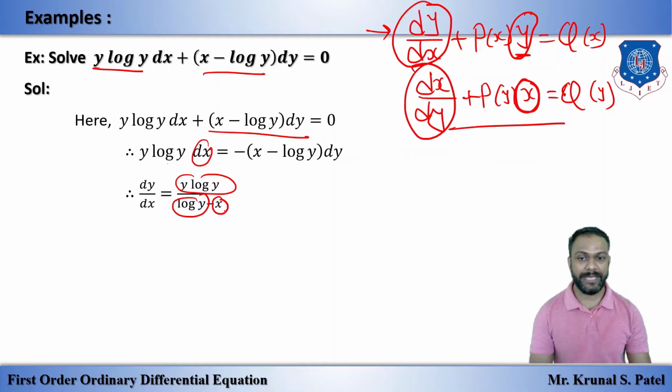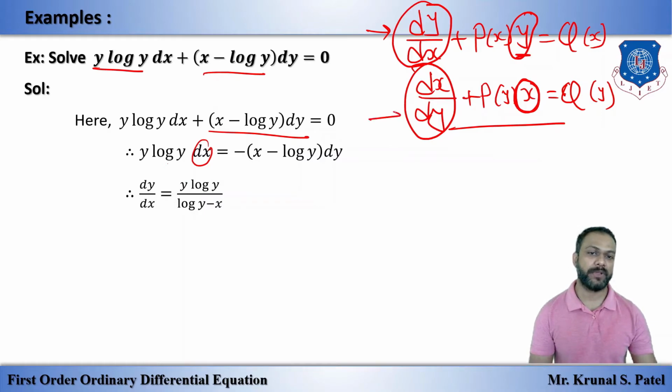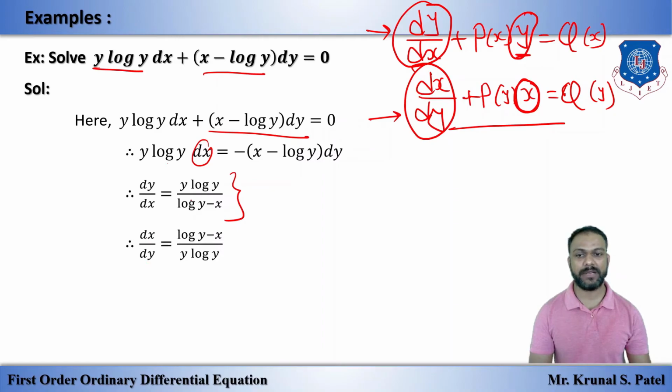So here you can see x is single, we have only x raised to 1, and no other term with x, and this is our dy by dx. So now we have to convert this into this form. For that, dy by dx is not considered, we will find dx by dy. So we'll just reciprocate this term. So dx by dy becomes (log y minus x) upon y log y.